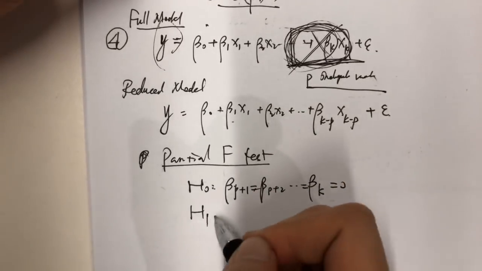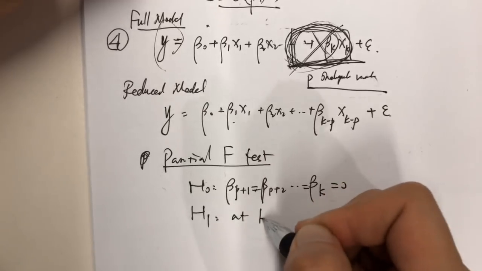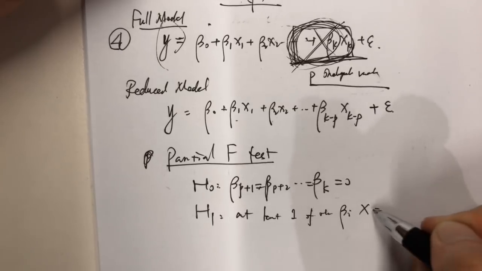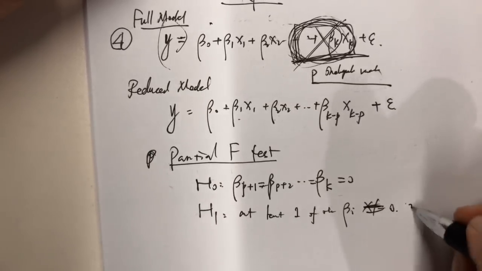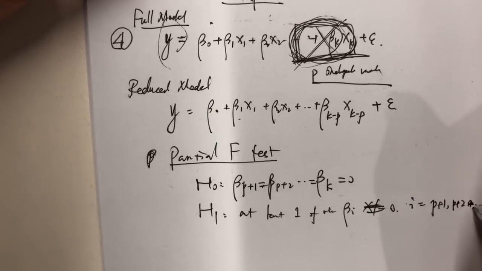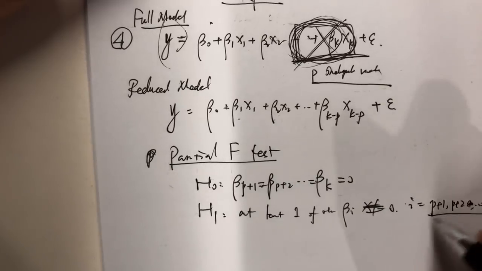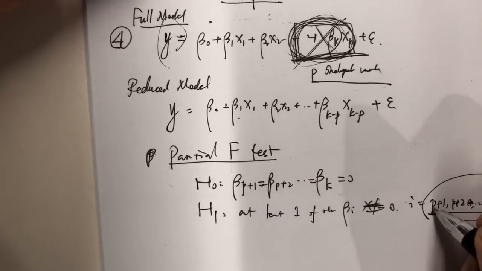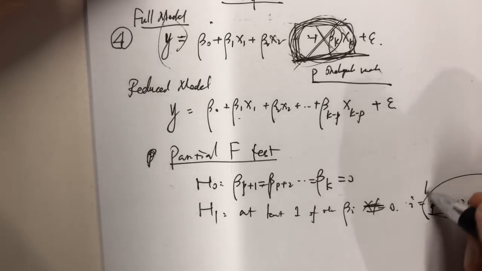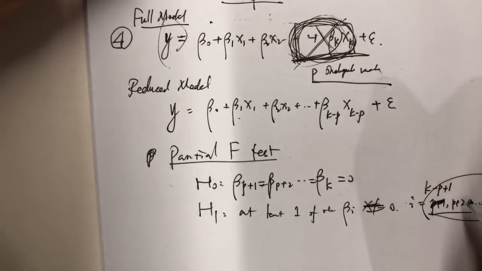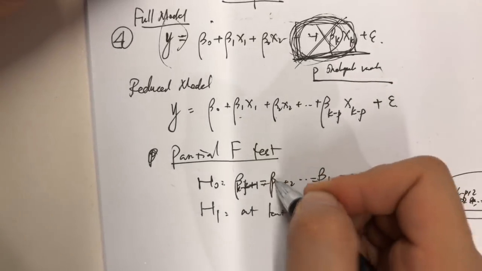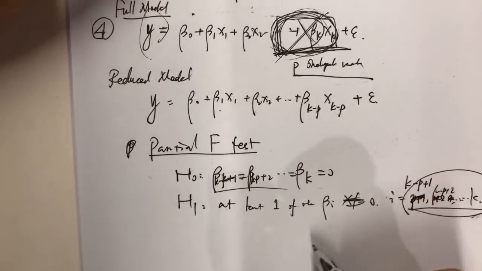The alternative hypothesis is that at least one of the beta i is not equal to 0, for i equal to k minus p plus 1 to k. Sorry, I said p earlier, my bad. You know what I mean, right?